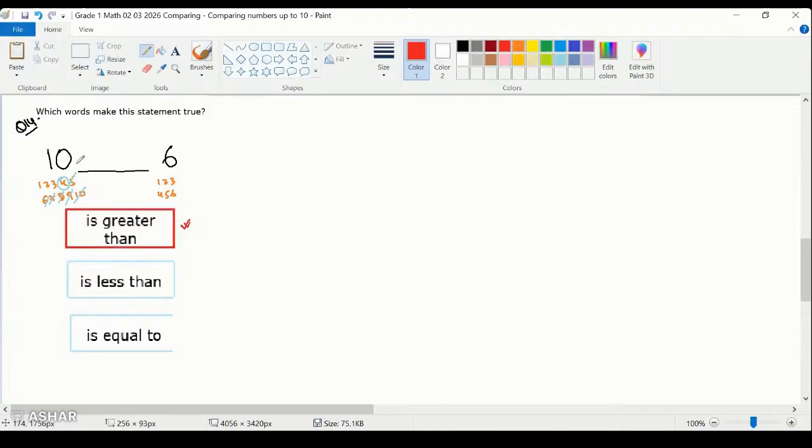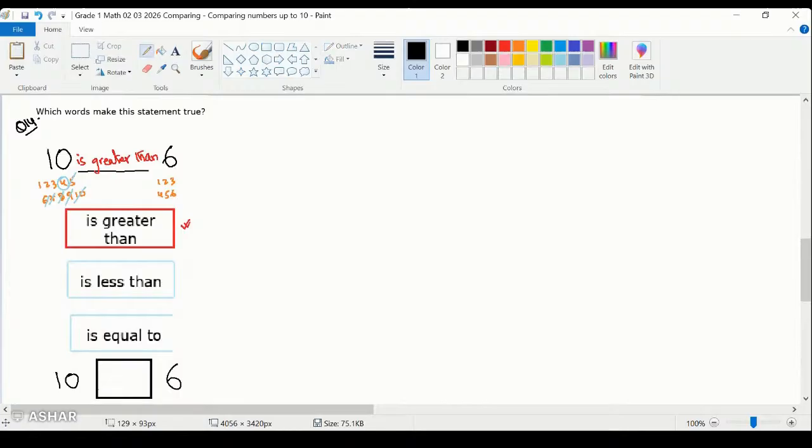10 is greater than 6. But if I would say 10 and 6 was given to us, and we need to use a sign over here. Perfect. Thank you. If we need to use a sign over here, which value is greater?